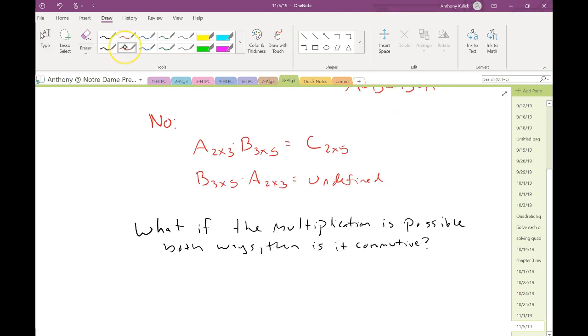What do we think there? If I'm going to restrict this situation down to a case where if I do A times B and B times A, both of those are possible, is it going to be commutative then? What's my counterexample going to look like?